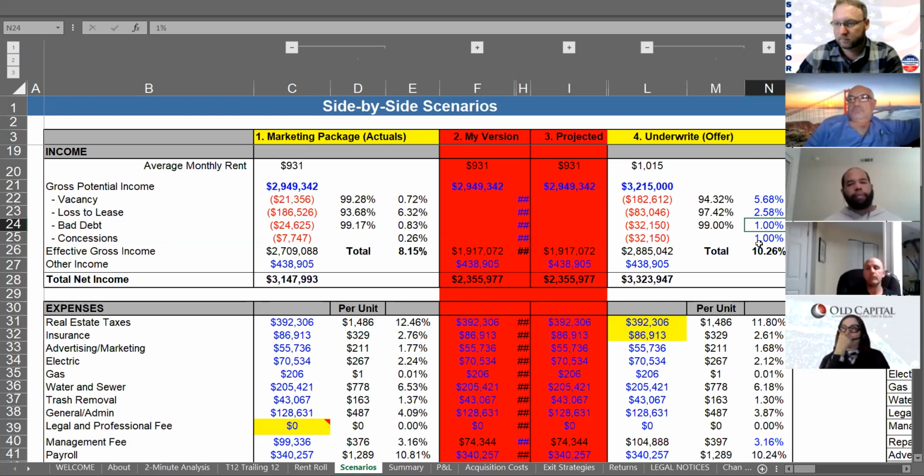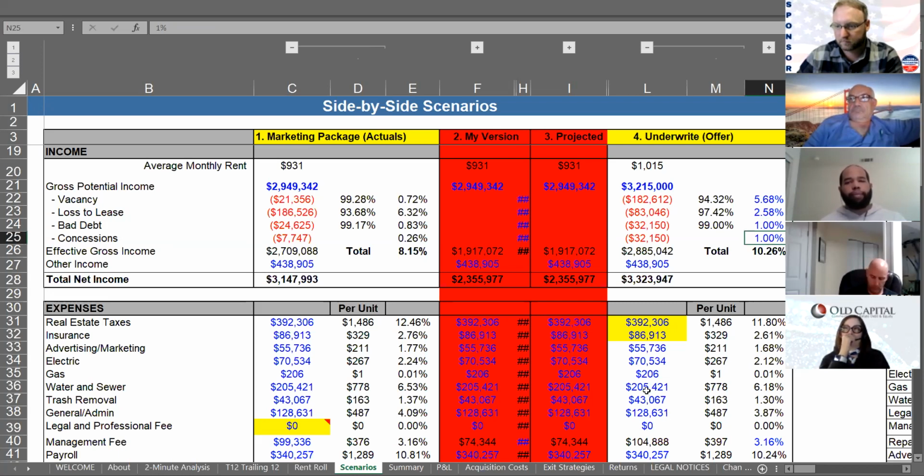If you see in your market that concessions are really high, that may be something you want to think about, because that concession is definitely going to change.